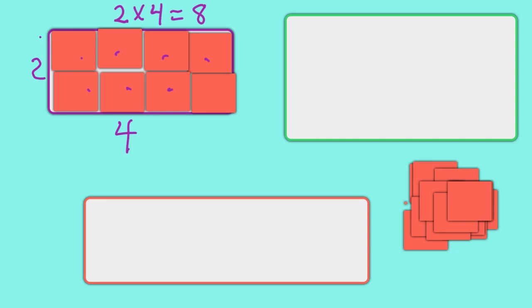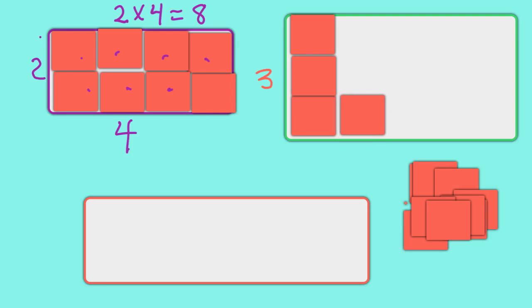Let's go ahead and use our tiles for the green rectangle on the right hand side. And we're going to see how many rows. 1, 2, 3 rows in this rectangle. So we know we can write a 3 over here.